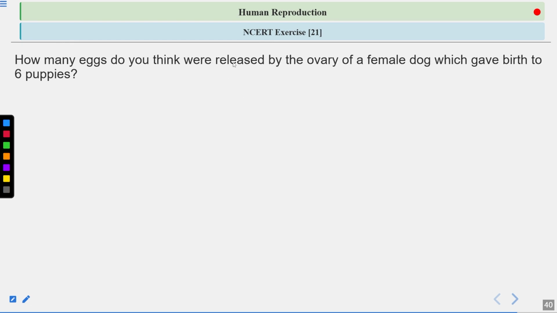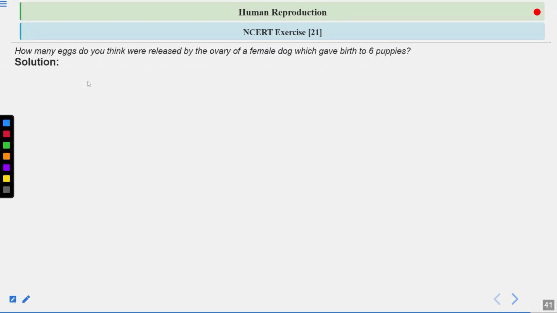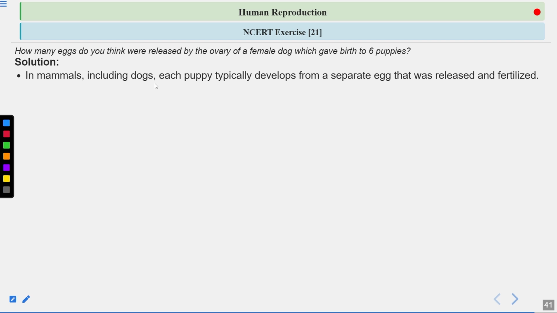Now, how many eggs do you think were released by the ovaries of a female dog, which gave birth to 6 puppies? So what will be the answer here? In mammals, including dogs, each puppy typically develops from a separate egg that was released and fertilized.